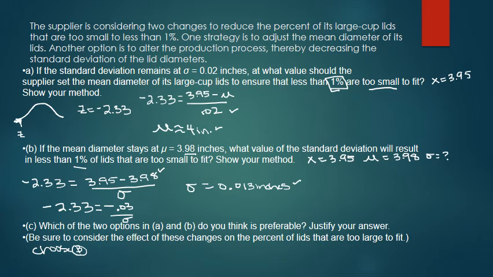The standard deviation will decrease in part B, which will decrease the variability of the cup sizes, which means that both of them will be closer to the mean, right? And there won't be as much deviation from the mean. It will not increase the number of lids that are too big, but it will reduce the number of lids that are too small. Right, so we're going to choose B. Let's write that down. The standard deviation will decrease, which will decrease the variability.